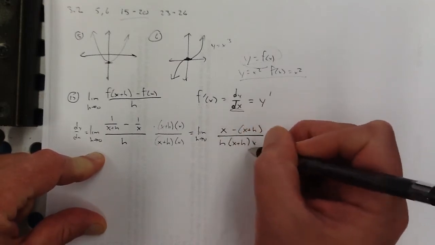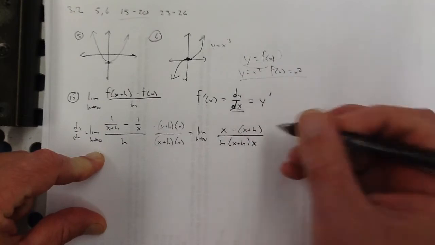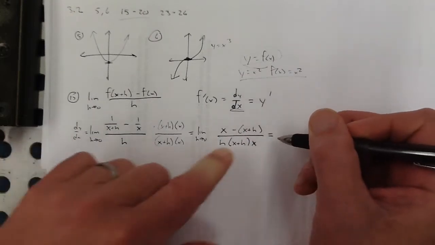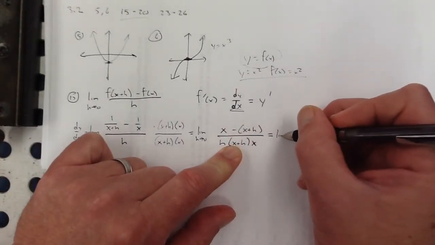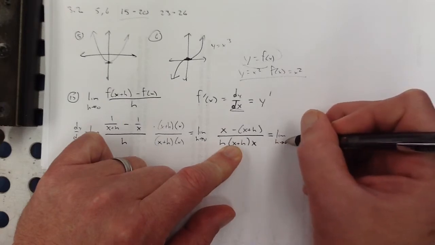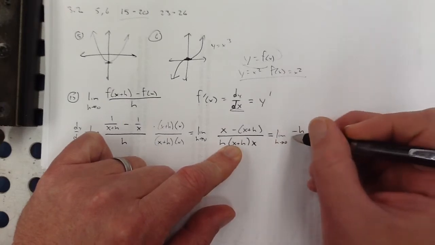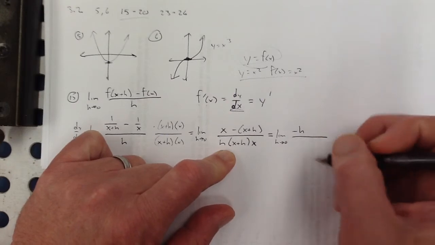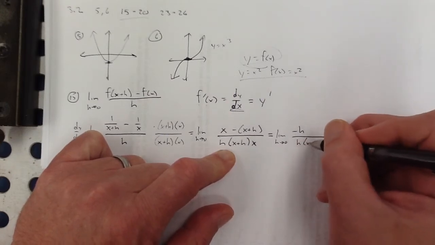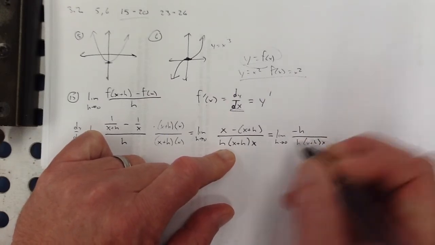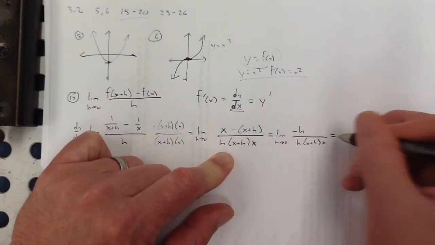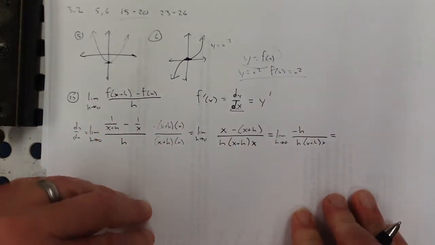Should I distribute this stuff? Nope. Because if you did, you're just going to have to factor it out again. So h times x plus h. This is a borderline skippable step here, if you feel confident.